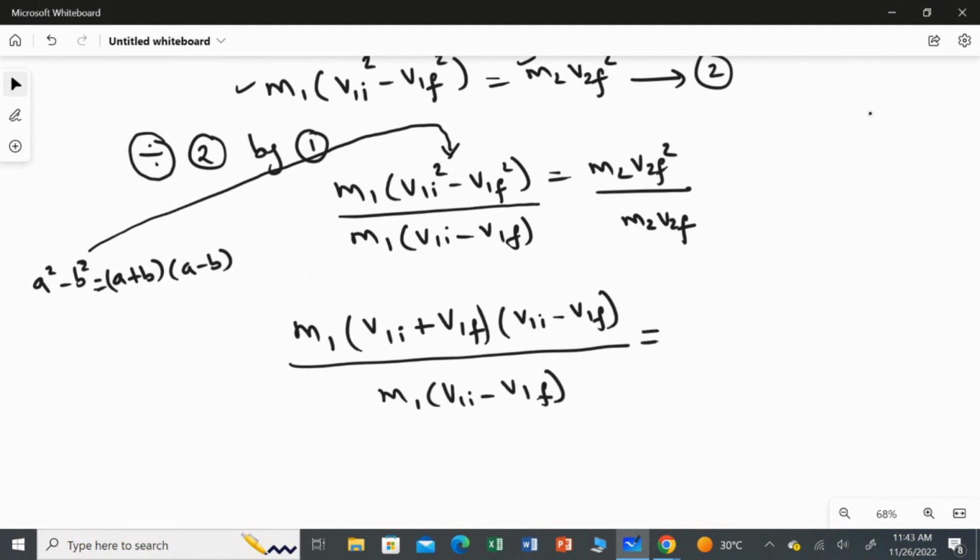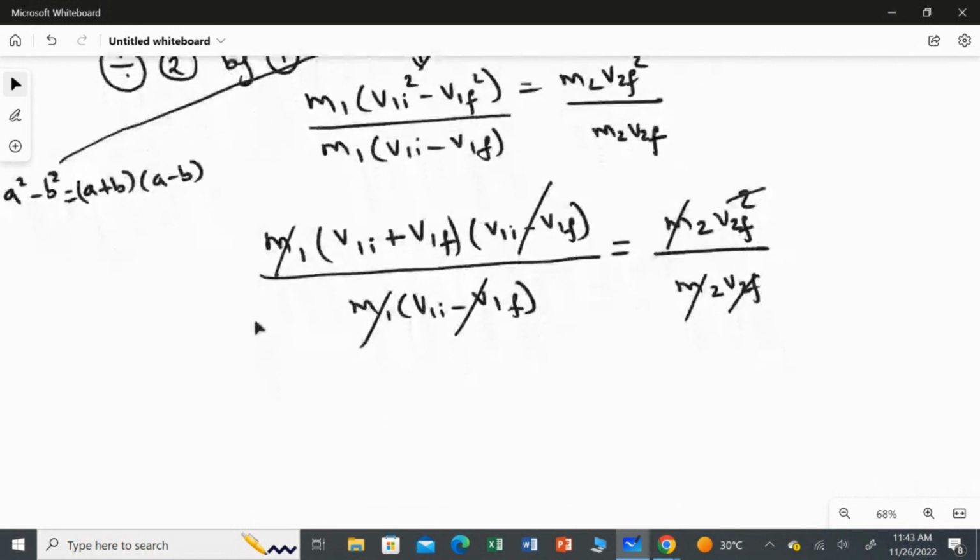In the right hand side, we have the same term, M2 V2F square over M2 V2F. Clear? Now we can cancel some terms. What are the terms we can cancel? I can cancel M1 with M1, and I can cancel V1I minus V1F with this term, right? Likewise, here also I can cancel M2 with M2, and one of this V2F with this.